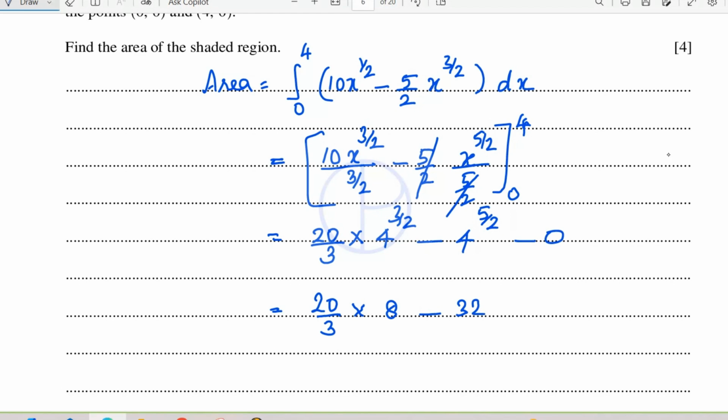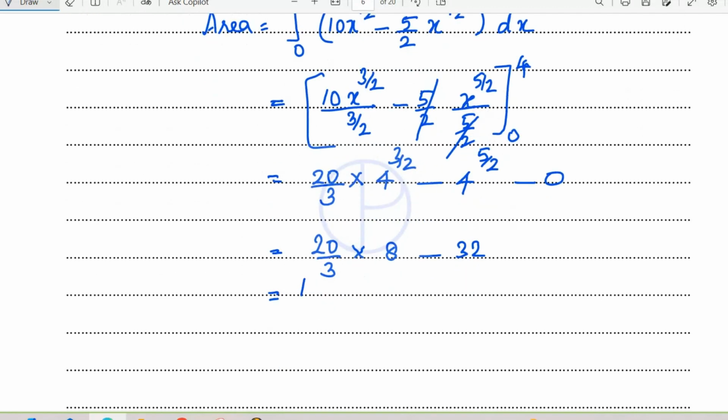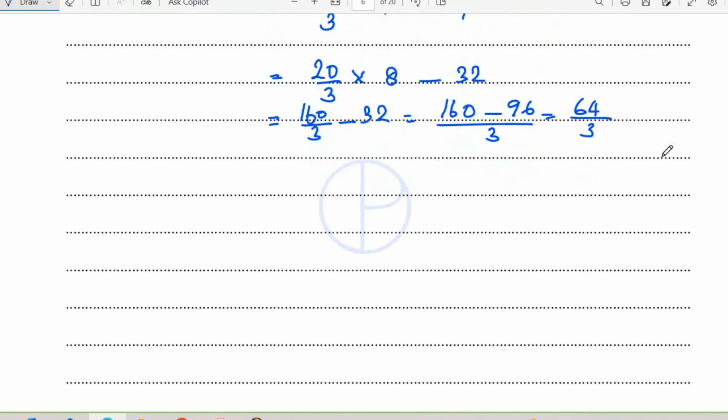On simplification, we get this as 160 minus 160 divided by 3 minus 32. 160 minus 96 divided by 3, which is equal to 64 divided by 3. So the area of the shaded region is 64 divided by 3.